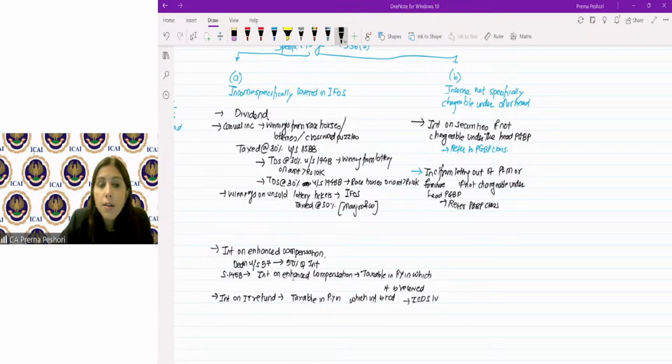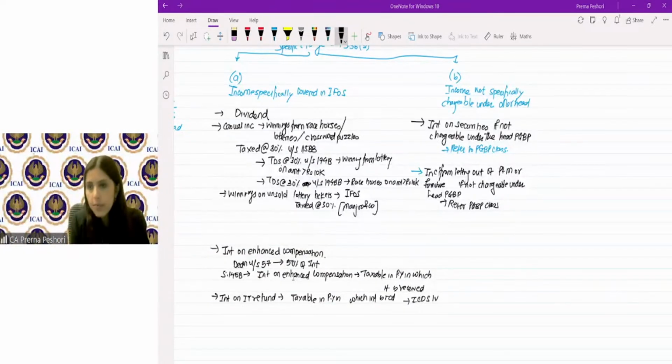So interest on the compensation or enhanced compensation which is there. There is one case which is referred to here in the module, which is in the nature of whether, let's say for example, I am receiving the compensation. So let's take a scenario over here. Let's say I had received a lesser compensation earlier under the compulsory acquisition of land.